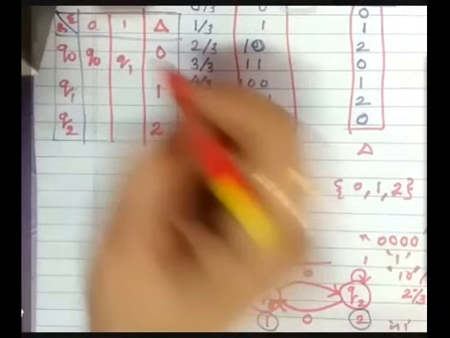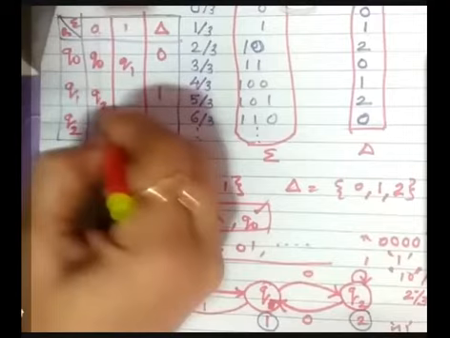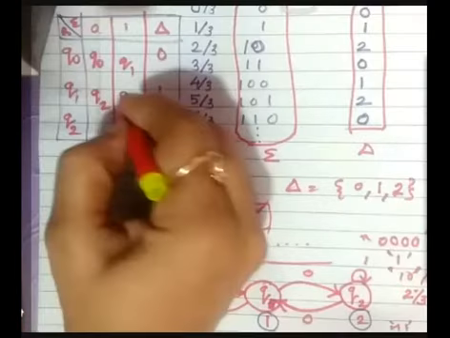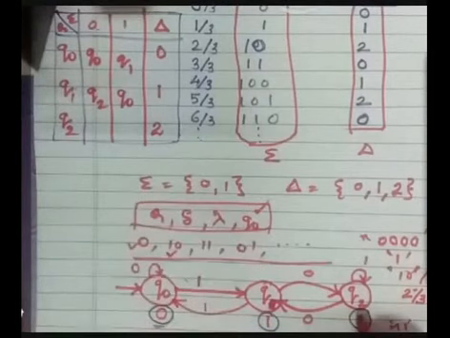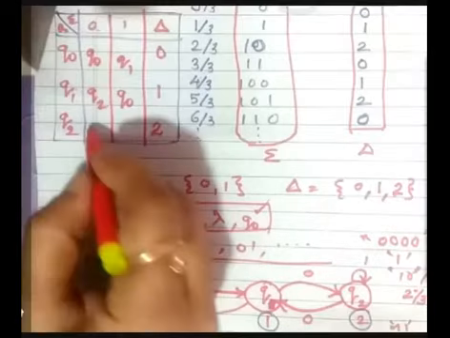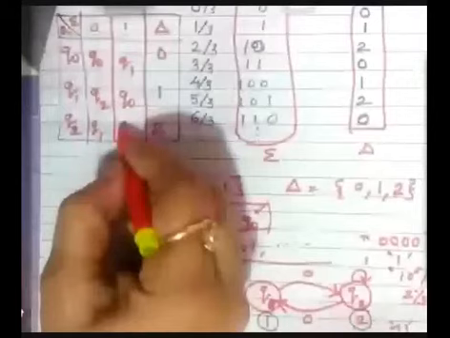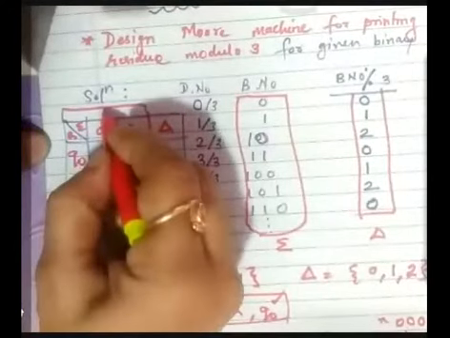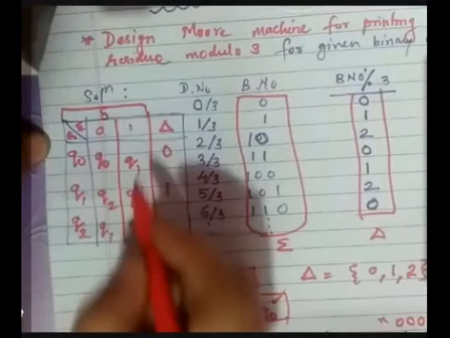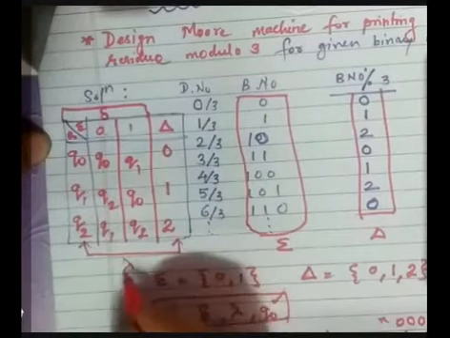Q1 on 0 moves to Q2. Q1 on 1 moves to Q0. Then Q2 on 0 moves to Q1. And Q2 on 1 moves to Q2. So I have represented this as a delta function, and these 2 columns are representing my lambda, right?